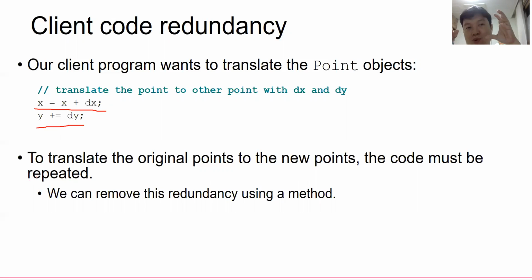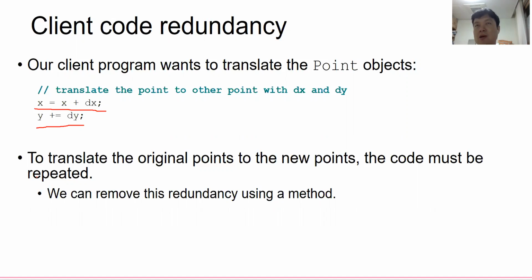If you want to translate one point to another point, every point will have the same behavior. So I want to make a method that every point, every object, can access.